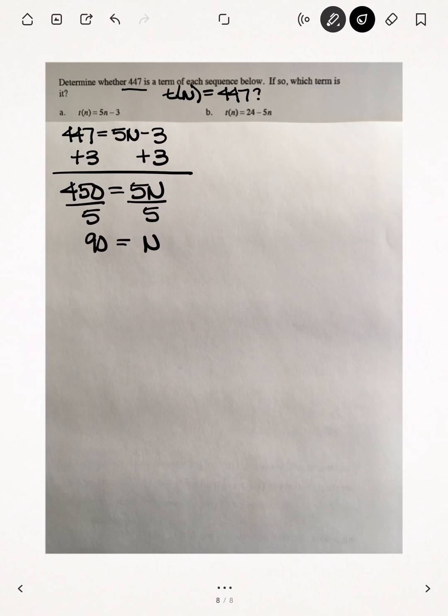Is that okay to have an n of 90? It's positive, and it's greater than 1, and it's not a fraction, it's not a decimal. So we would say yes. 447 is a term in the sequence.